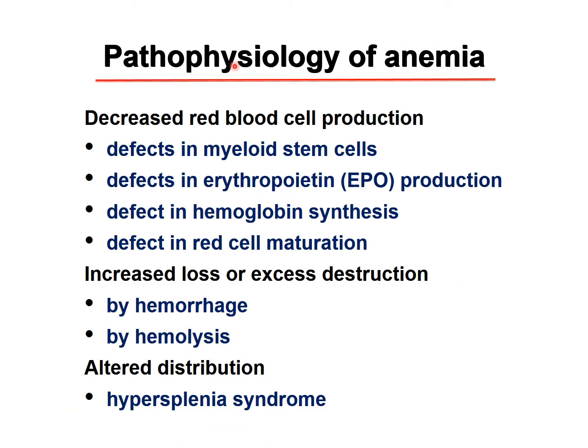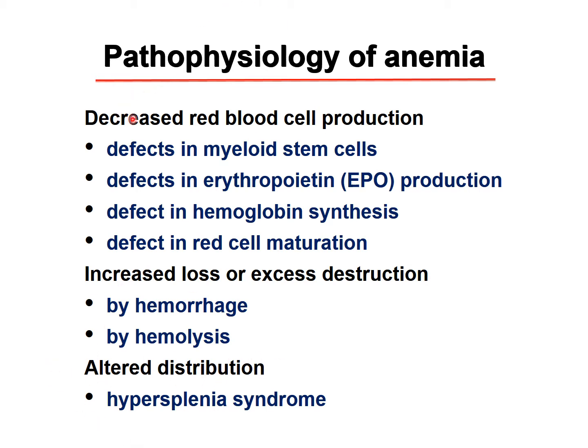Now, this is what we already said during the lectures, that the pathophysiology of anemia can be decreased red blood cell production, so we are not producing enough, or we are producing enough but losing too much. That can be the problem. Or sequestration of the red blood cells, for example in the spleen.